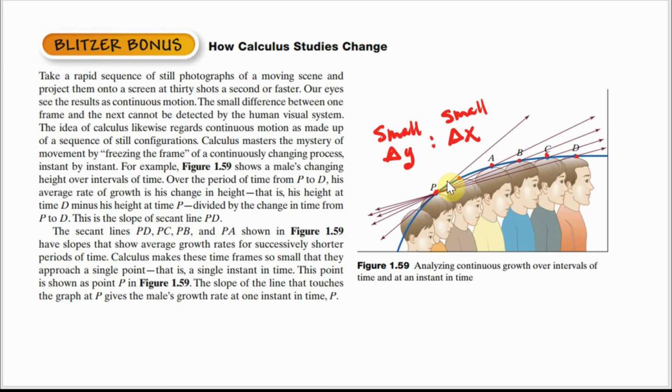Even in the economic market, you look at numbers that are very close. And the closer you get to each other, you want to make that difference so small that it just appears we're only focusing on 1 point. If that exists, and if it does, then we call that slope the slope of the tangent, and that gives us the derivative.